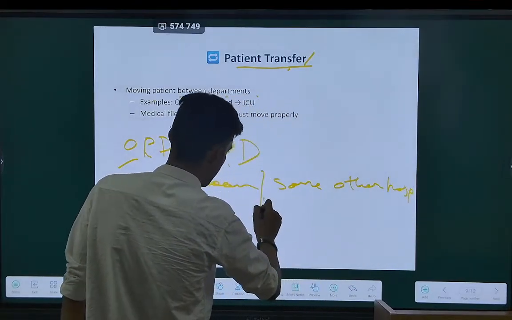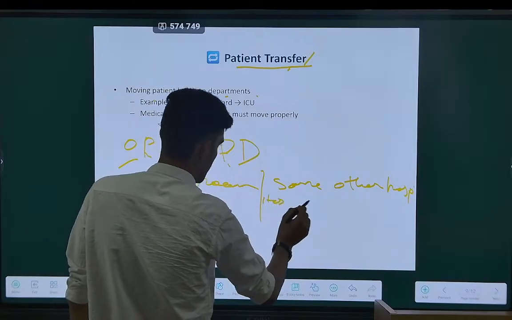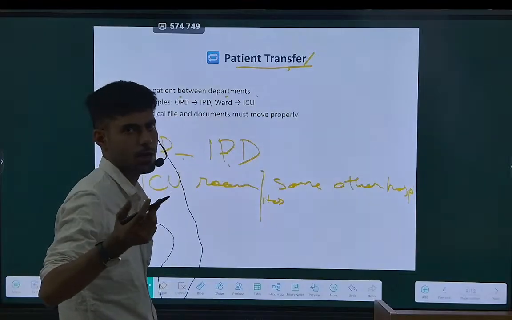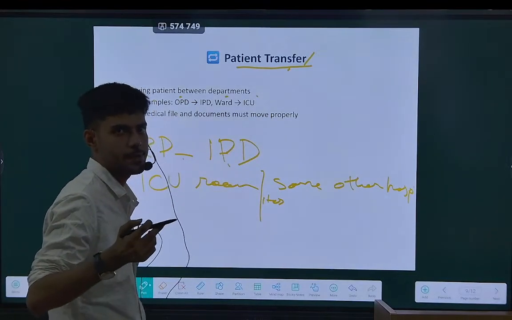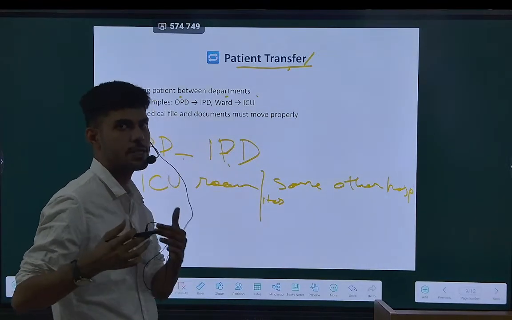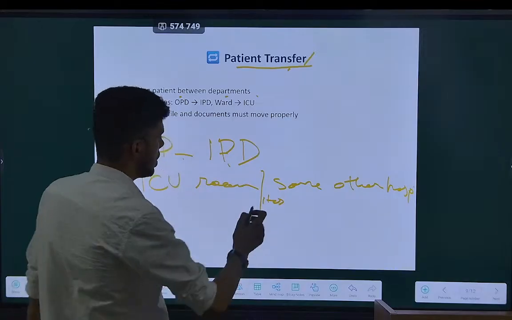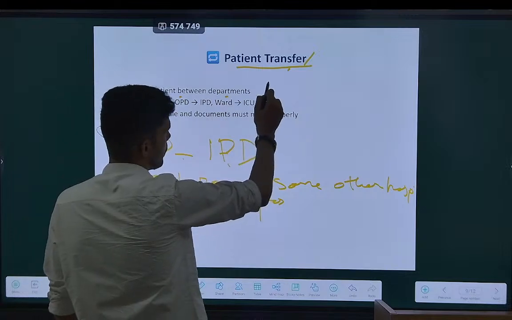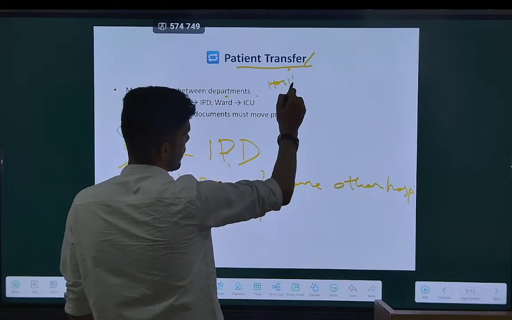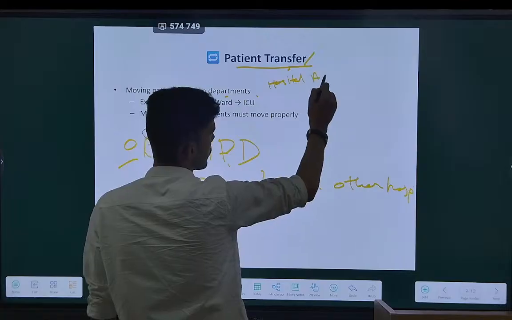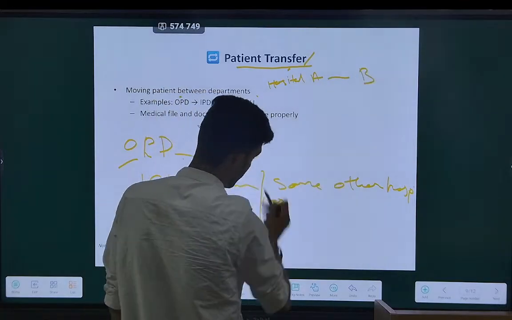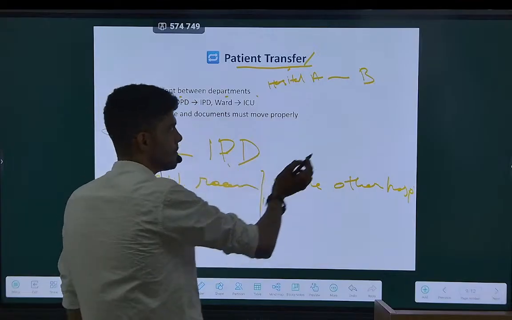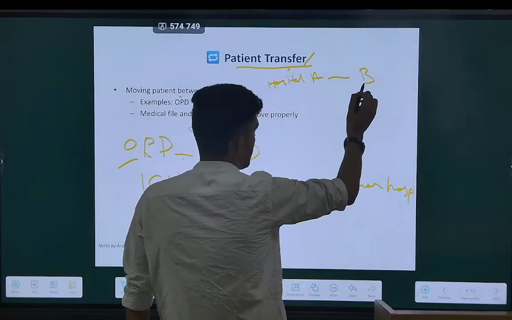Sometimes when the case is serious or they don't have certain equipment for the treatment or certain doctors, they will transfer the patient from hospital A to hospital B when the patient needs higher treatment, and vice versa.